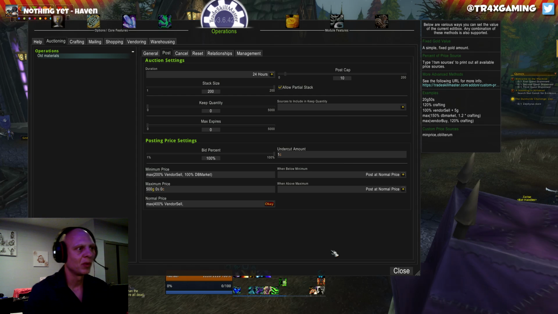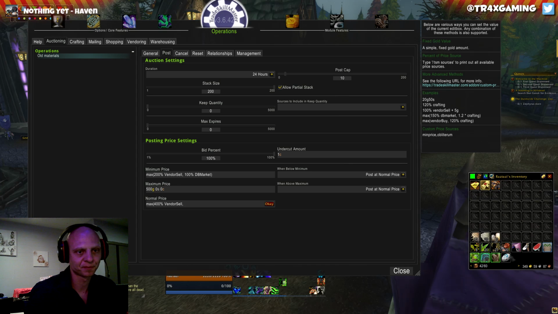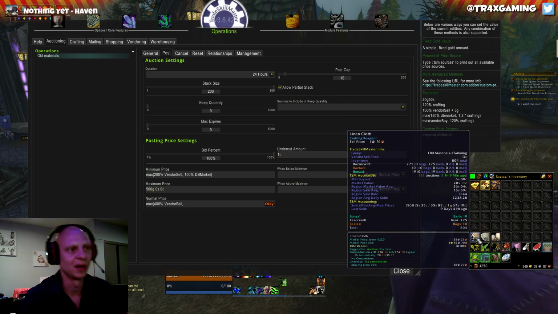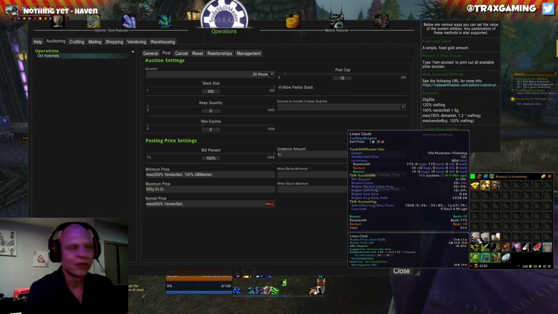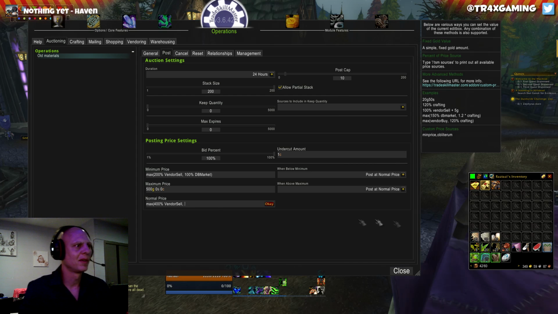Yes, but what would be a valid DB market range? Should I post these for the double? Now let's see here. Minimum buyout 6 silver. Market value 20 silver. So the cheapest price is 14 silver lower, which is more than 66% cheaper.